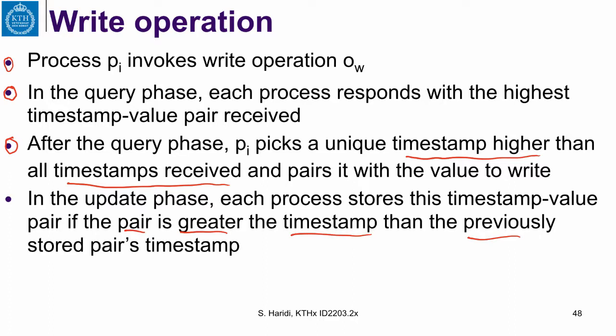Then in the update phase, each process stores this timestamp value pair if this pair is greater than the timestamp previously stored at that register. So we only update the timestamp value pair if the newer timestamp is higher. The write operation takes two round trips, a query and an update.